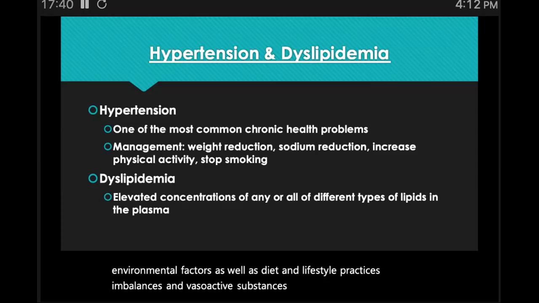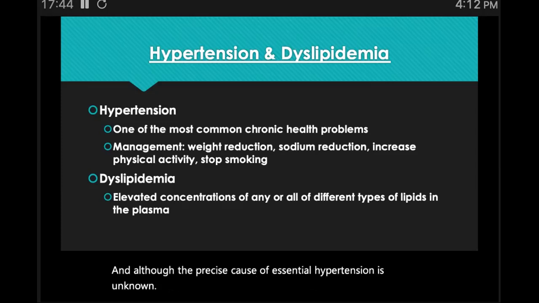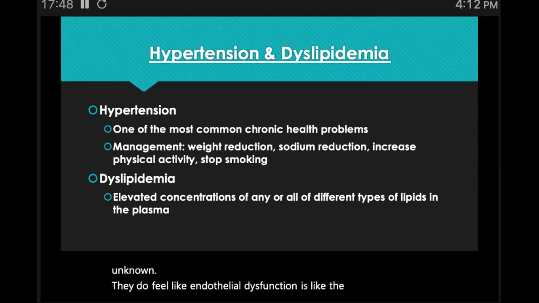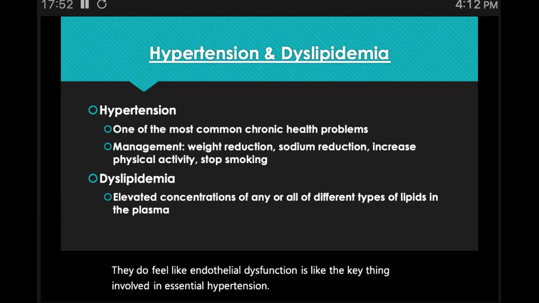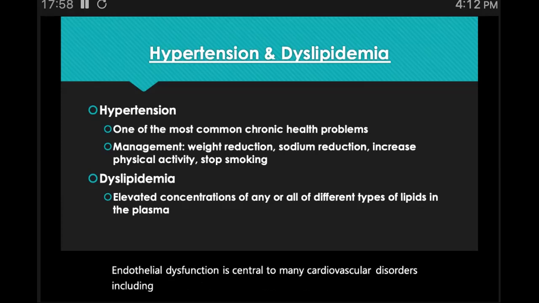And although the precise cause of essential hypertension is unknown, they do feel like endothelial dysfunction is the key thing involved in essential hypertension. Endothelial dysfunction is central to many cardiovascular disorders, including hypertension, atherosclerosis, and myocardial ischemia.